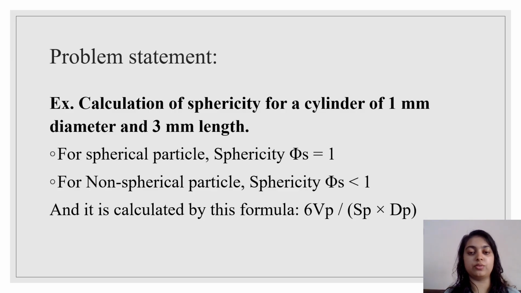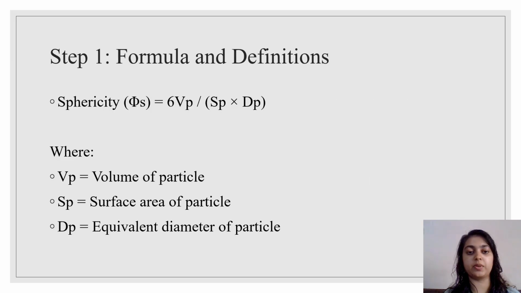So now let's focus on the solution part of the given problem. Step number 1 is what? Formula and definition. We all know that for a non-spherical particle, phi s is equal to 6Vp divided by SpDp. Here we want to calculate the sphericity of a cylinder.